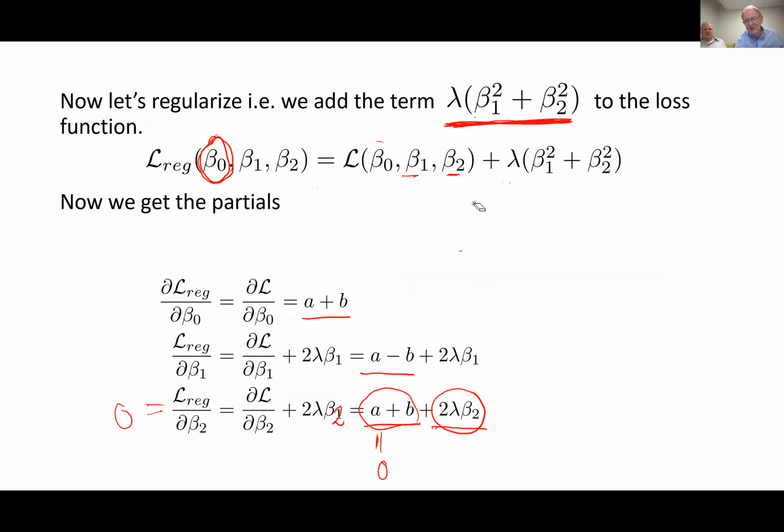The larger lambda is, the more regularization you put in. As soon as lambda is non-zero, you have a regularized problem. And in sklearn, you always have a non-zero lambda here. You can also change, instead of beta 1 squared plus beta 2 squared, you can use different powers. Yeah.